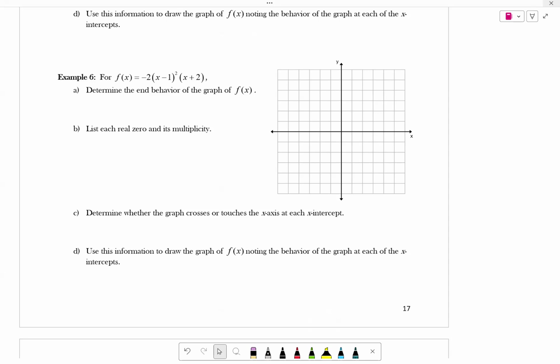Ready or not? We're going to start with the zeros, which are at -2 and 1, yes. At 1, there is a multiplicity of 2, which means it's going to touch that x-intercept. And I'm going to combine that with the end behavior, which we know is the same as the last one, isn't it?